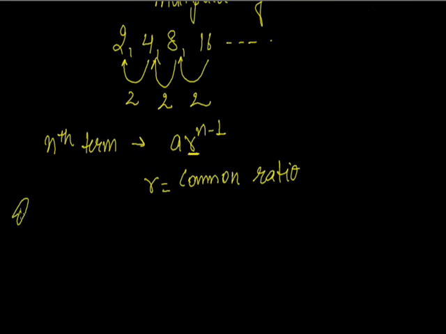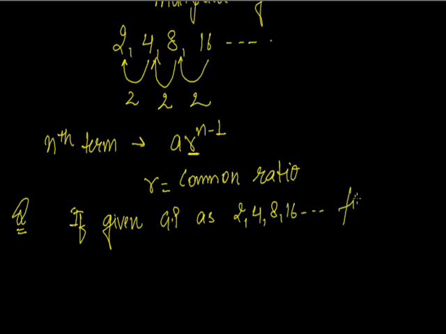Let's try a question. If given 2, 4, find the 23rd term. So we can write a is 2 and here the ratio is 2. It is 23 minus 1.